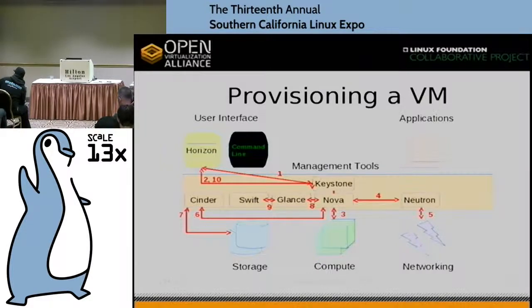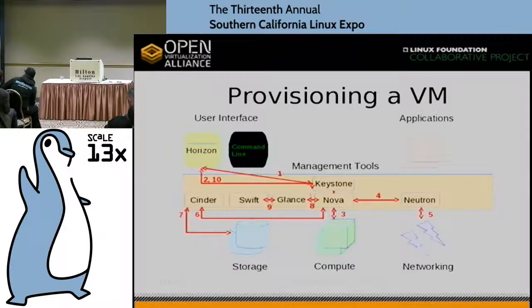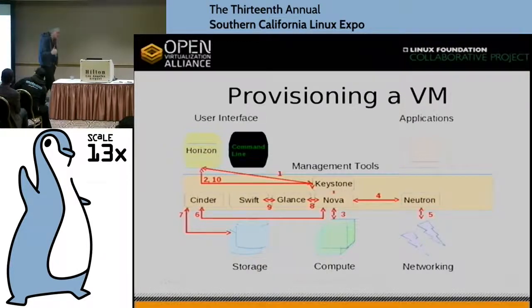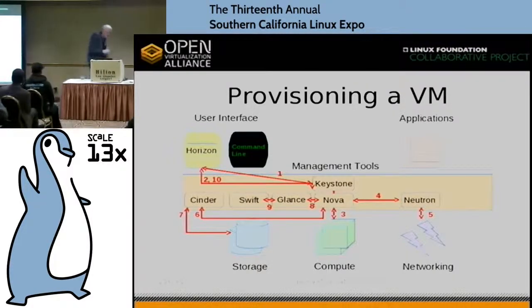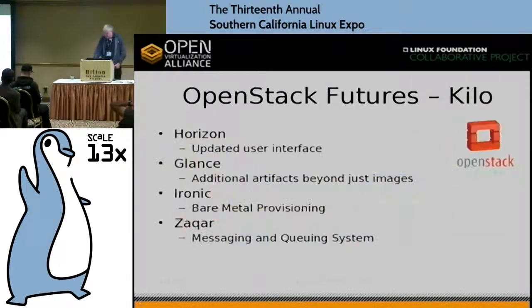It'll then go to Glance, the image service, to get the VM image, which will go to Swift for the storage, comes back, puts it in there, sets up the storage, sets up the networking, and then you've got a virtual machine. So most OpenStack implementations will use the majority of the modules. Okay? But again, it's a much better way of designing and configuring the system to have the multiple modules.